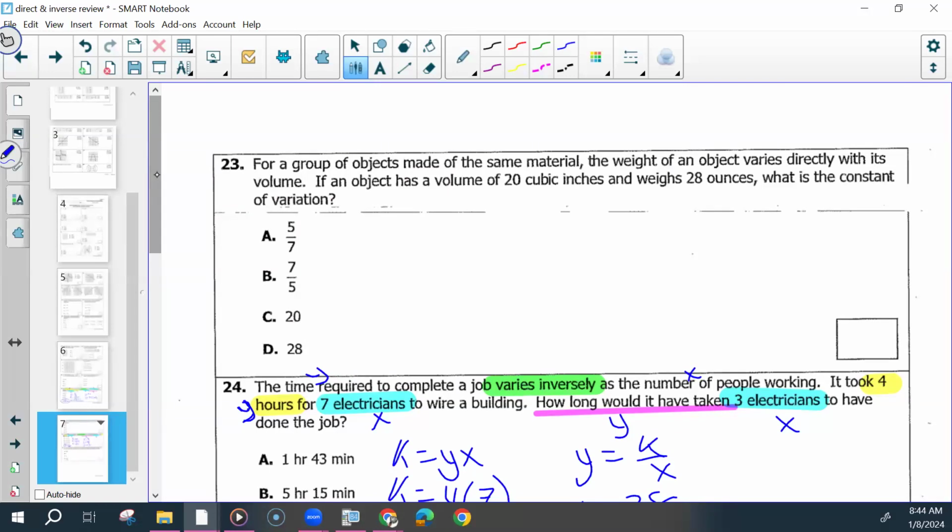I'll get it set up for you, but this is really like the first one we did, so we won't solve it. For a group of objects made of the same material, the weight of an object varies directly with its volume. If an object has a volume of 20 cubic inches and weighs 28 ounces, what is the constant of variation? What's important here? Actually, we can solve this one this time.